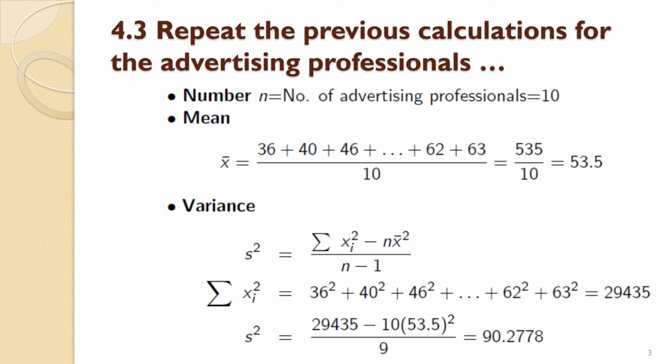Here the mean is 53.5. For the variance, you want to minus 1 on the bottom because you want the unbiased sample estimate, and you want this practical calculation formula. The first term here, you just add up the size of all the observations, and then if you plug the observation numbers into the formula, you should get the variance for the first sample is 90.778.